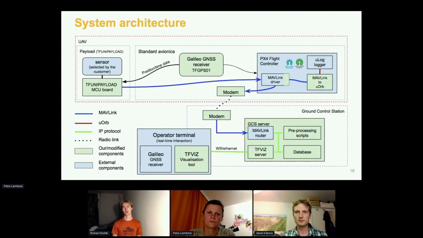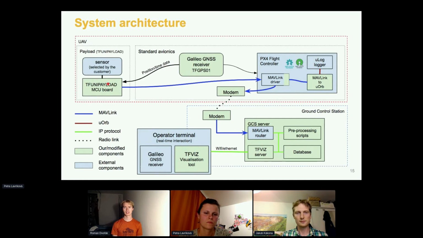We tried to realize the ideal scheme that I described earlier, and here you can see a real implementation of ATMON in a drone. At the beginning, you can see again the payload part. It consists of a sensor and a TF unipayload board.